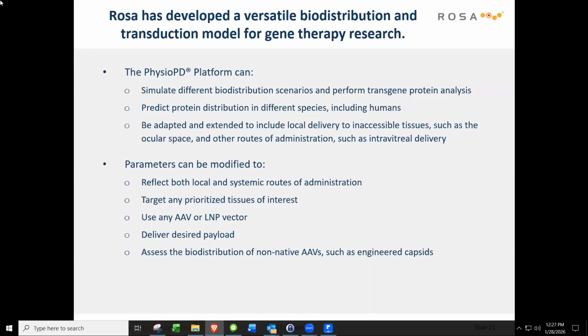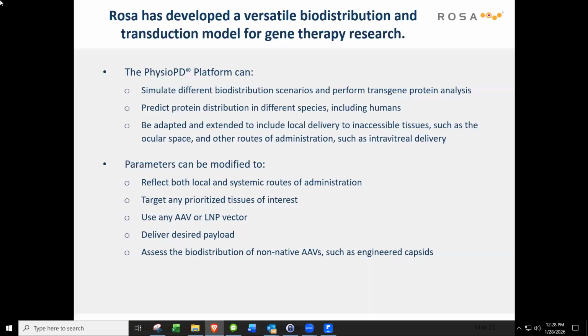Now, parameters can be modified to reflect, this is again a summary of the things we can modify in the model by changing parameters. For example, in terms of local and systemic routes of administration, we can parameterize the compartments depending on the tissues of interest.